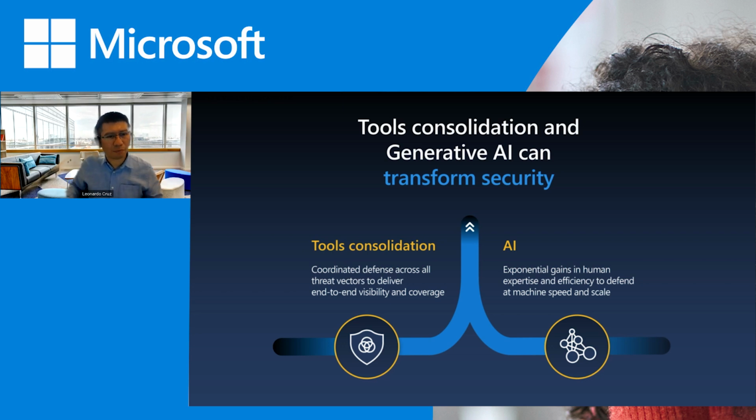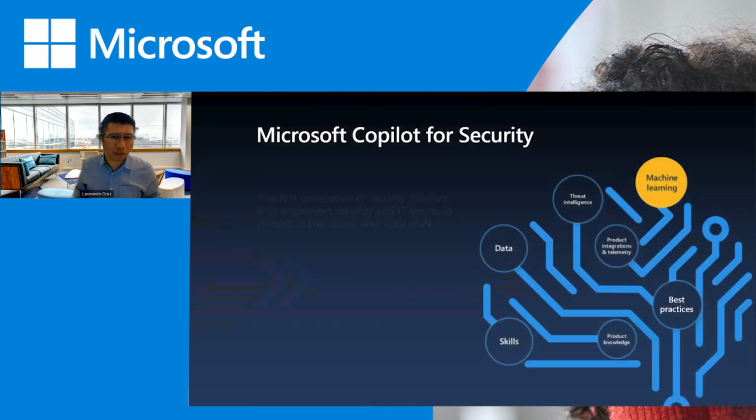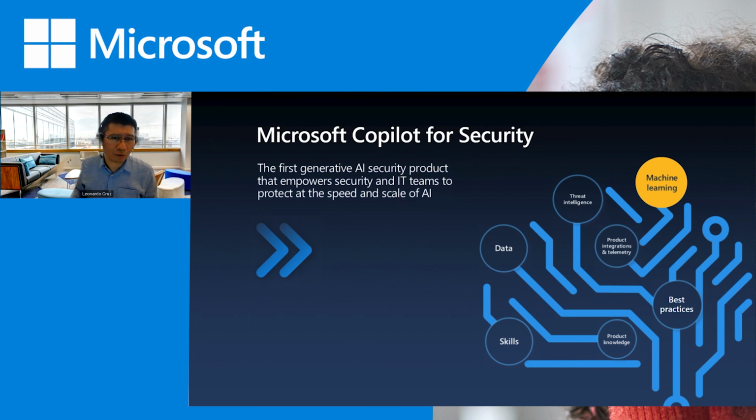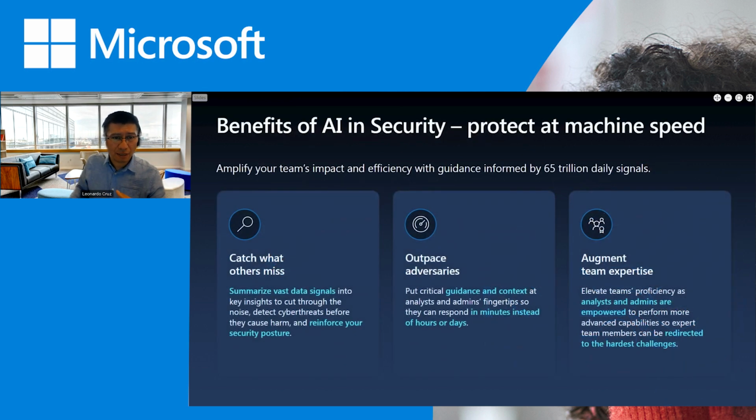And now Microsoft is using generative AI in order to increase or to accelerate the capabilities that we already have in the tools. So that is where Copilot for Security comes into play. Copilot for Security is a tool that will help our security operations center, our IT analysts, to perform the security and compliance activities.